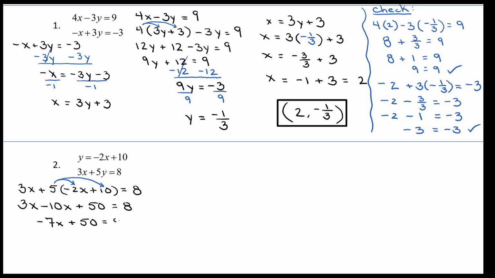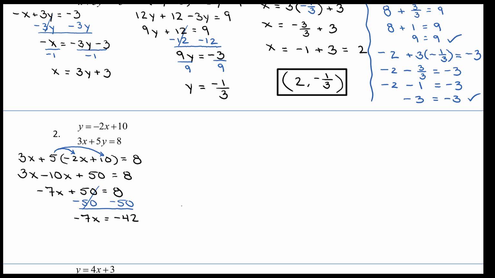Now we can isolate the x. I'm going to subtract 50 from both sides of my equation. So this will give me negative 7x equals negative 42. We're going to divide both sides of the equation by negative 7.